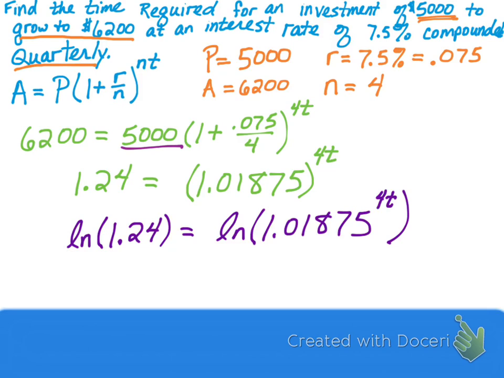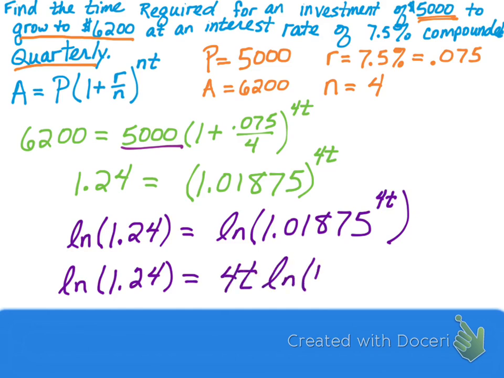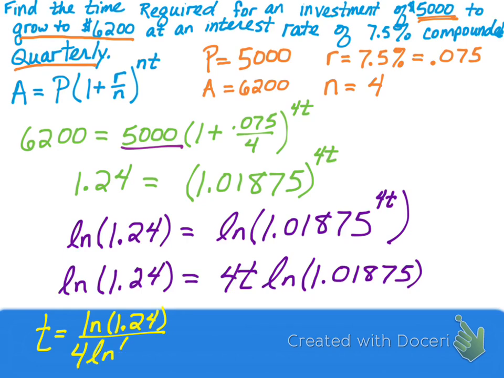Now, using the properties of logarithms, I know that the natural log of 1.01875 raised to the 4t power is the same thing as 4 times t times natural log of 1.01875. I get to bring down the exponent. So solving for t, we're going to divide both sides by 4 natural log of 1.01875.